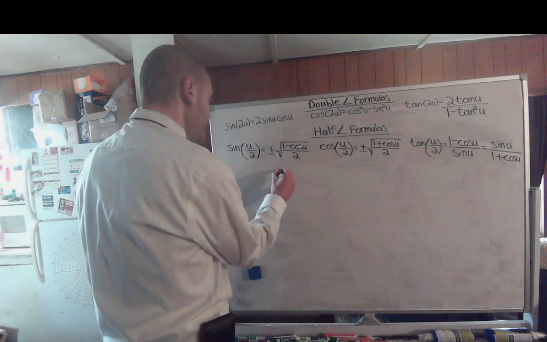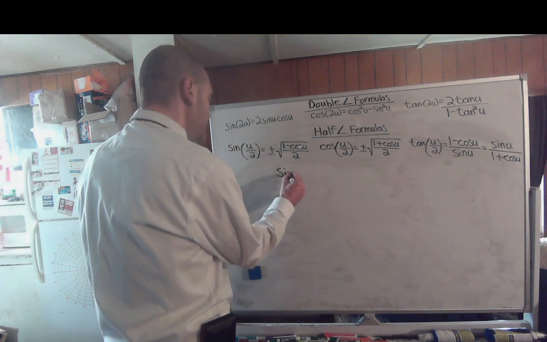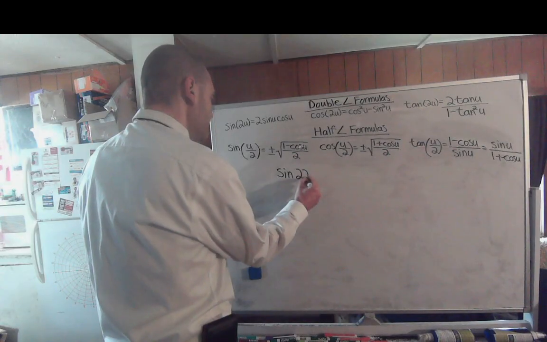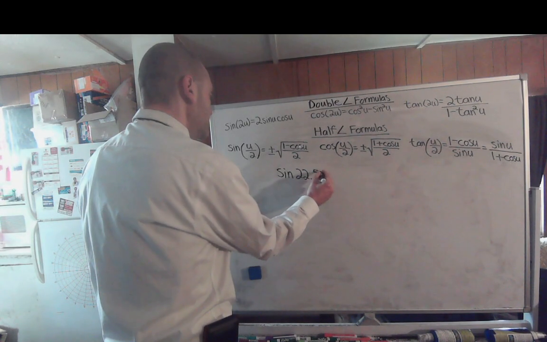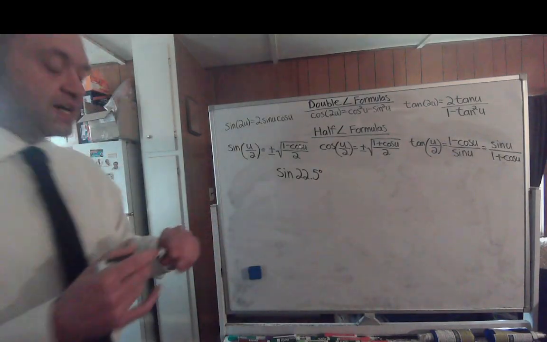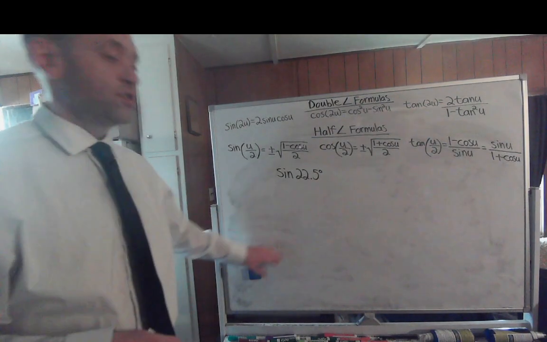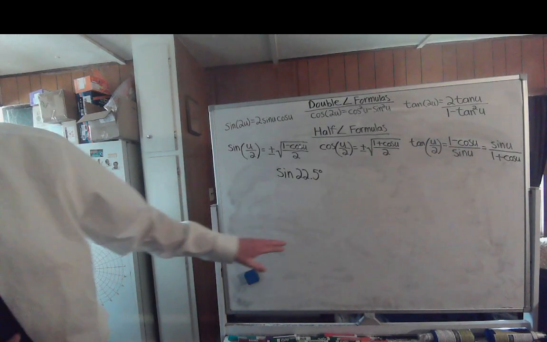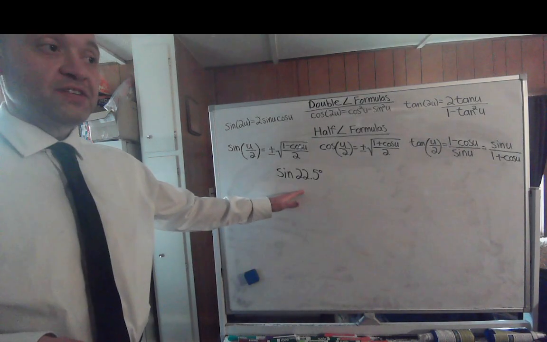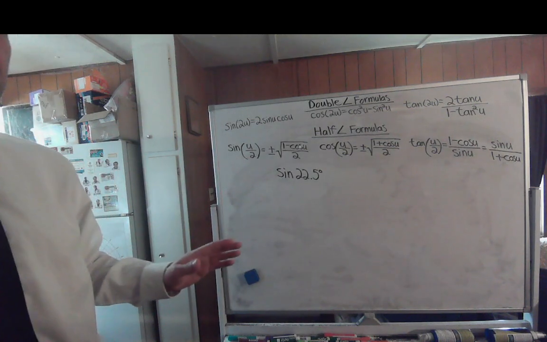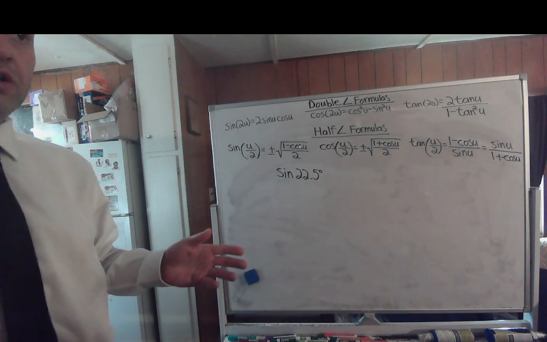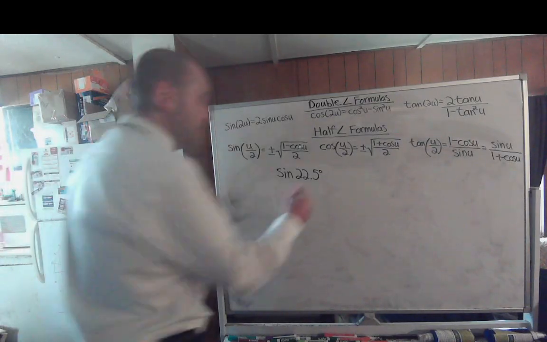Alright, so what if they wanted you to find the sine of 22.5 degrees, the exact value of that? Well, 22.5 itself is not a special angle, but it is half of a special angle. It turns out it's half of 45.